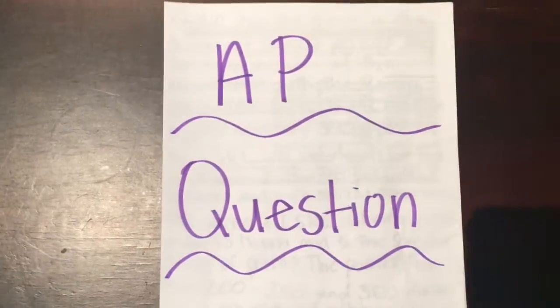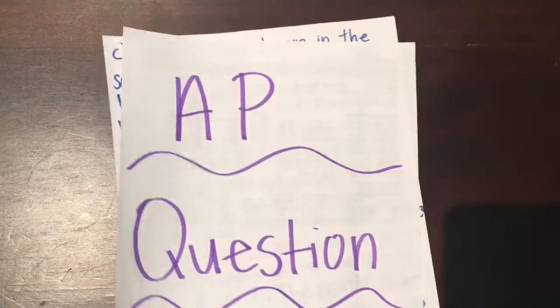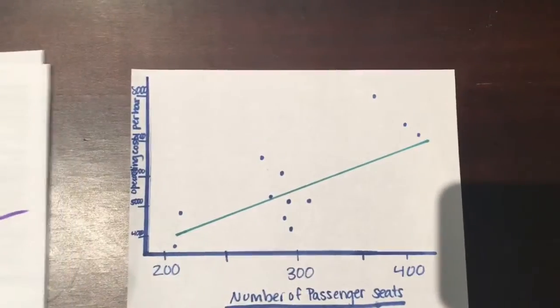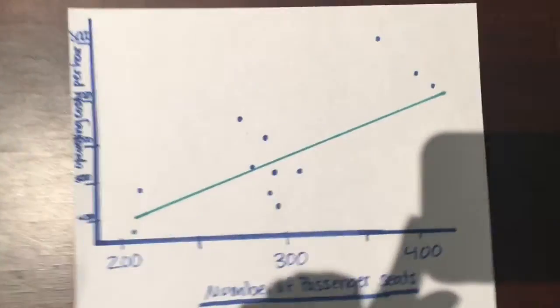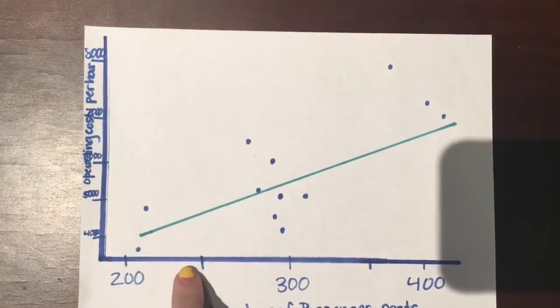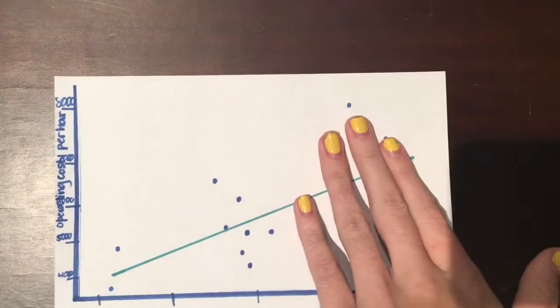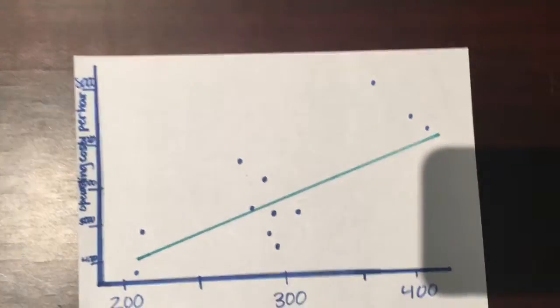Why or why not? So basically what this question is asking is if we were to decrease the range of these plots to just 250 to 350, would this line still describe the data?